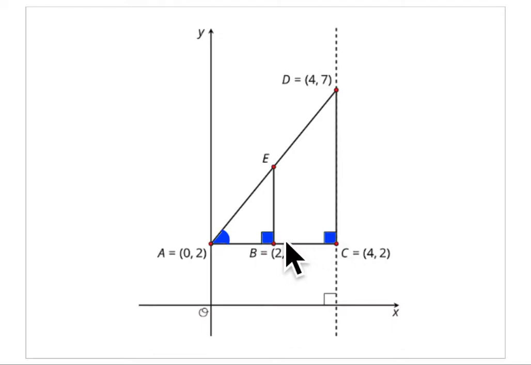If you have two pairs of congruent angles between two triangles, those triangles have to be similar. It forces the third angle to also be congruent, because the three angles have to add to 180 degrees. So these two triangles are similar, which means we can use information from the larger triangle to figure out this unknown length.